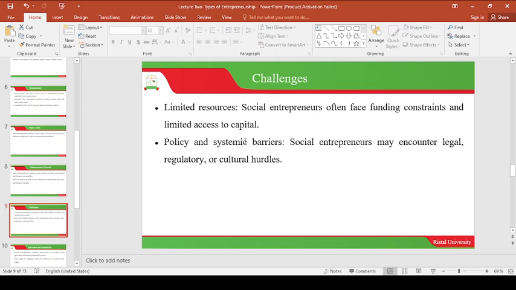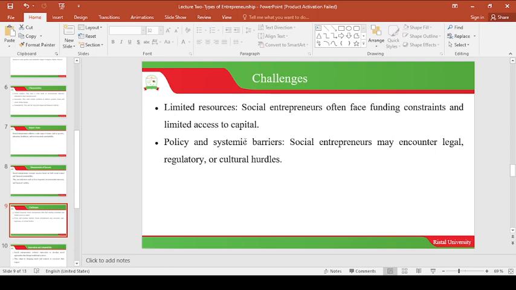The next one is the policy barrier. Social entrepreneurs may encounter legal, regulatory, or cultural hurdles. Legal regulations in terms of the registration procedures affect social entrepreneurs.